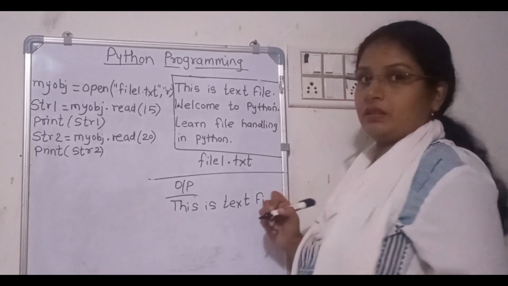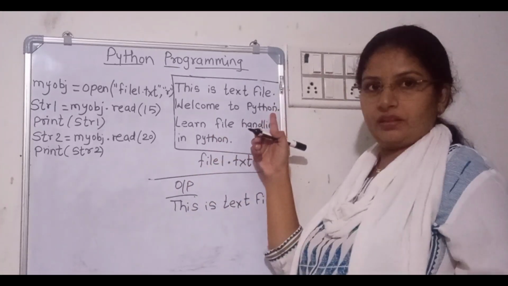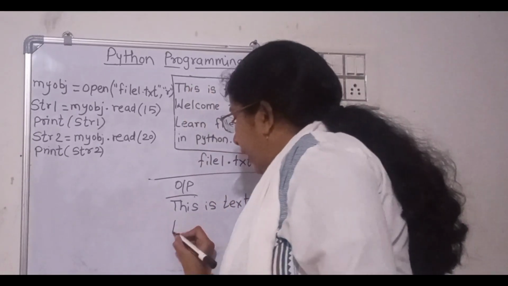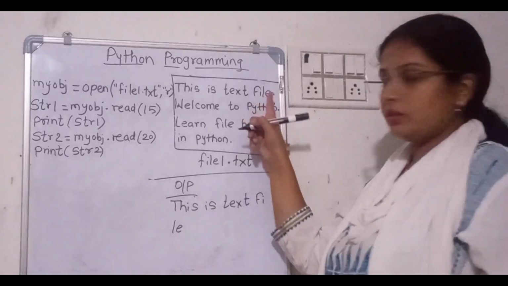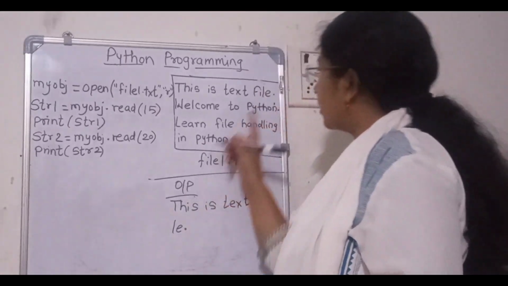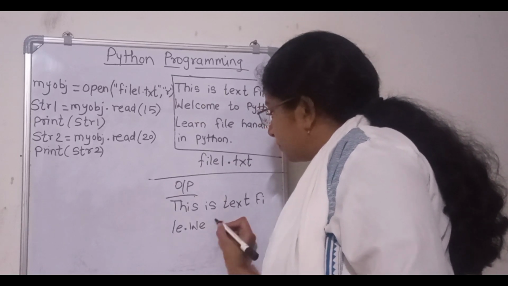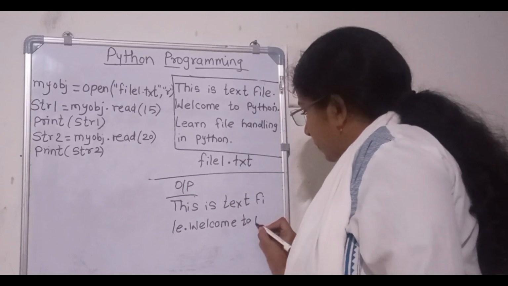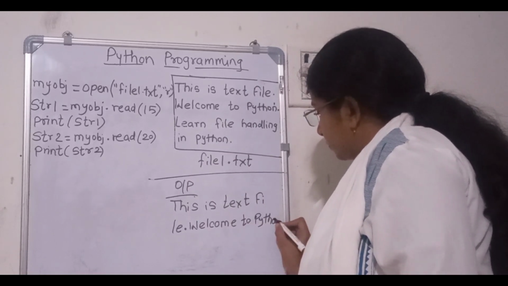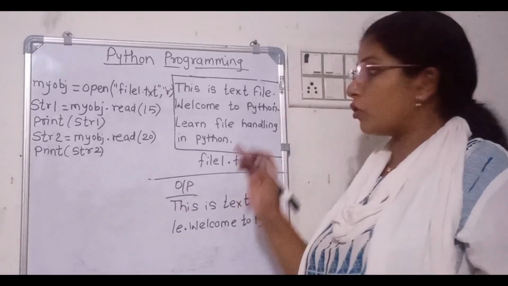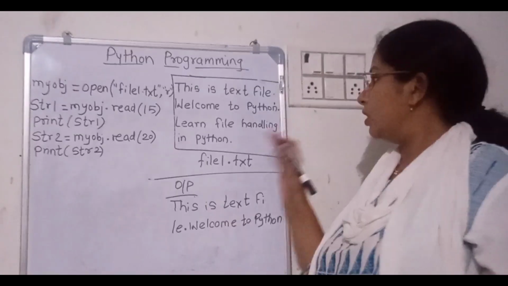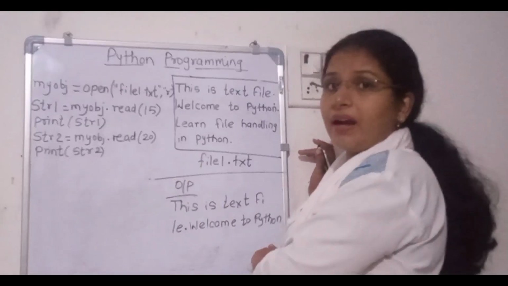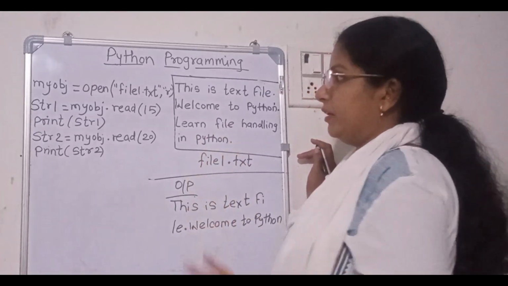The 20th character is N, not full stop, just N. So that will be your next line. So from L, LE, full stop, then welcome to Python. Full stop won't be there because full stop will be the 21st character, which we can't take. Only 20 characters are there. So this will be my second line which will be printed.